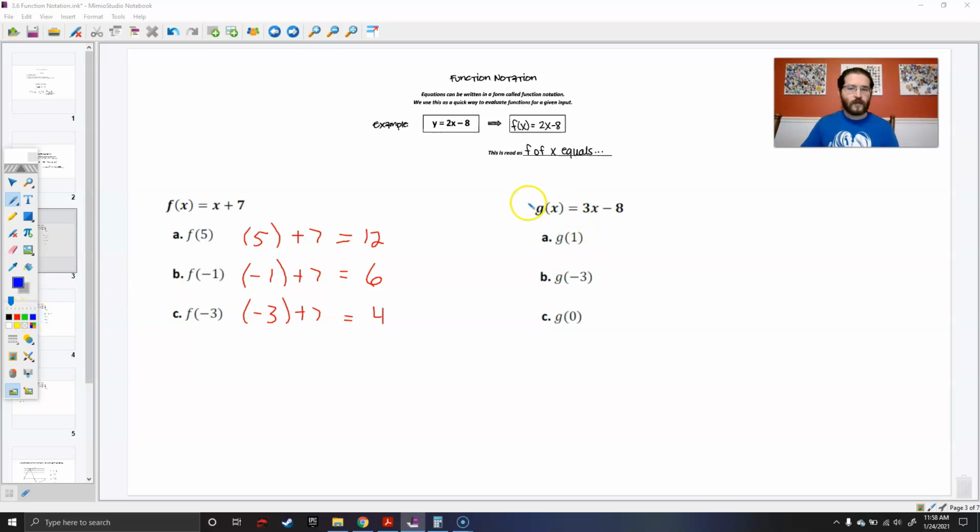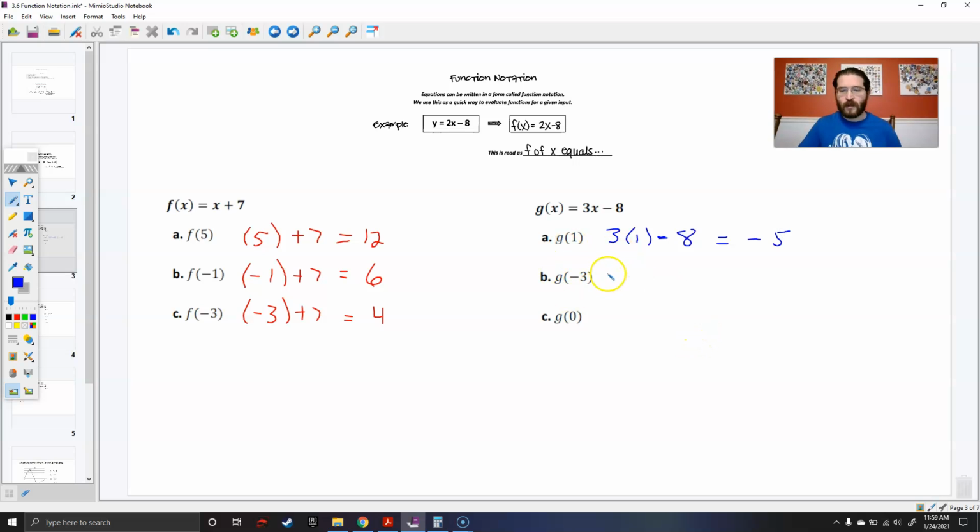Now we have g of x. This part doesn't really matter. It could be f, it could be g, it could be any letter. Whenever you have something like this, it means it's in function notation. So for 3x minus 8, we still substitute for our x: 3 times 1, minus 8. 3 times 1 we get 3, and 3 minus 8 we get negative 5.